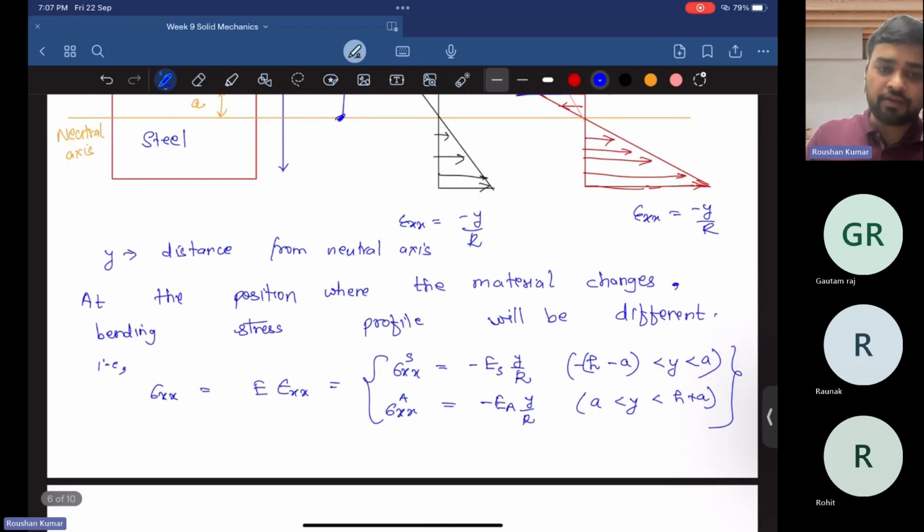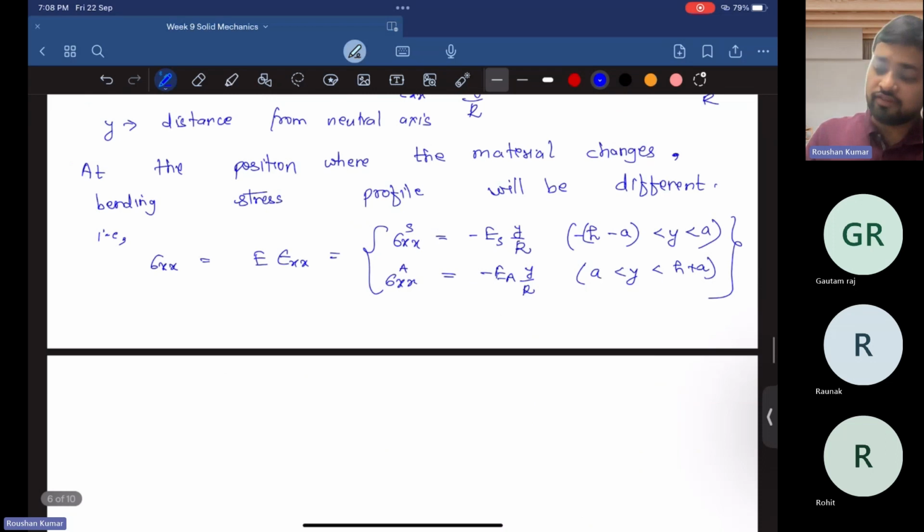So we use the fact that the total axial force must vanish at the cross section. Due to pure bending, the cross section does not exhibit any axial force.